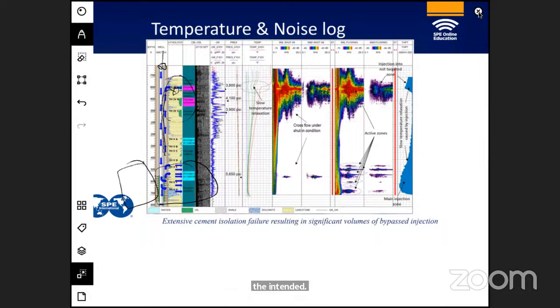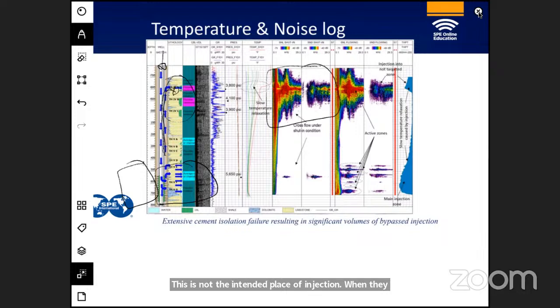When they did the noise log, they found that most of the noise is coming in the shallow region and very less in the region of interest where actual water injection had to be done. So this is an example of the noise and temperature log. Any question on this one?